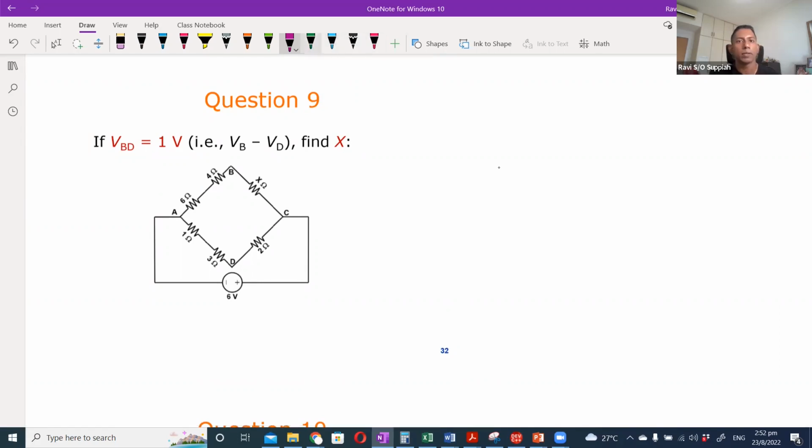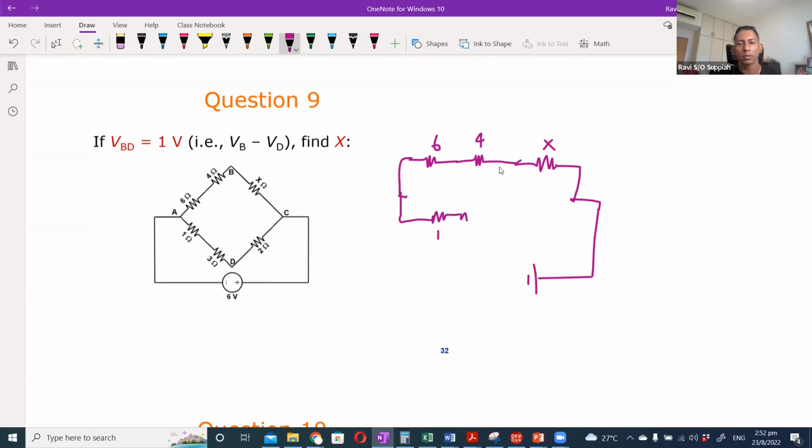Let me first redraw the circuit. I have X over here, 4, 6, 1, 3, 2.